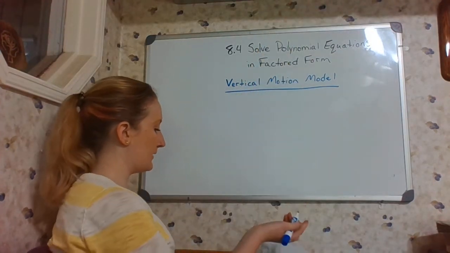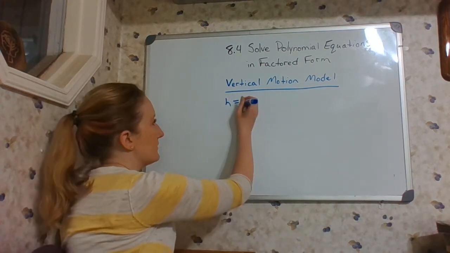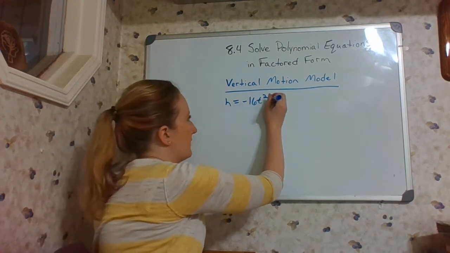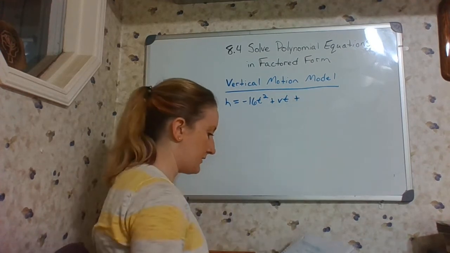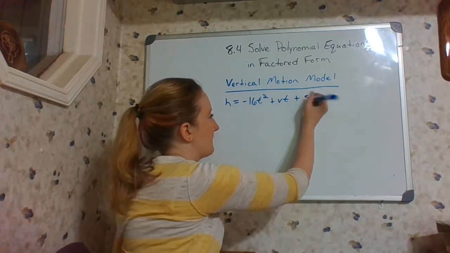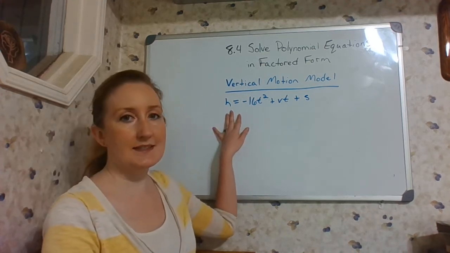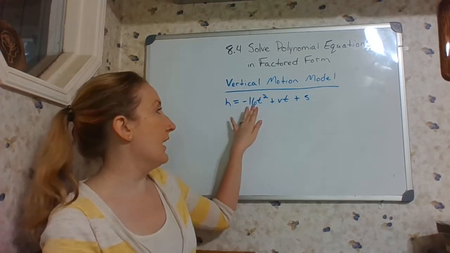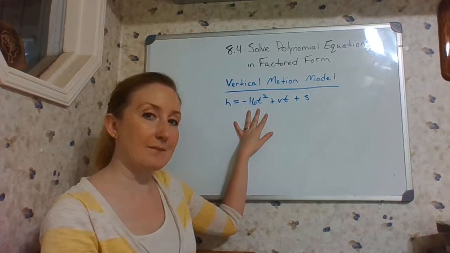So, our formula is h equals negative 16t squared plus vt plus s. So the important parts of this is h is the height of the object that is either jumped or been thrown. Negative 16t squared is the force of gravity on an object pulling it back down onto the ground.